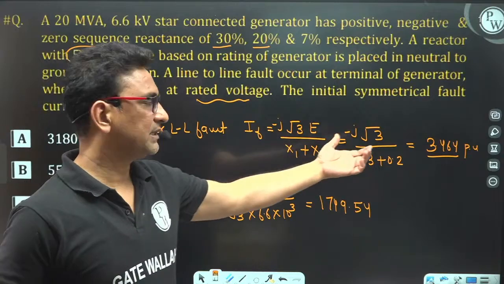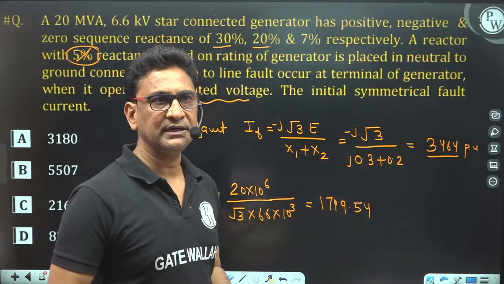Now multiply the PU quantity with the base quantity to get the actual quantity.